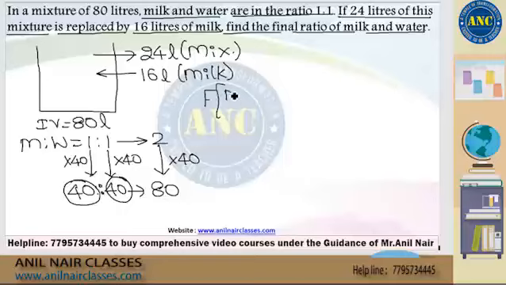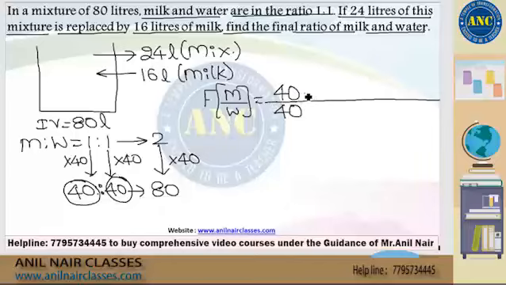Final ratio of milk and water is nothing but initial ratio, 40 divided by 40. Now I am taking out something. How much am I taking out? I am taking out 24 liters. That means the 24 liters of mixture should be taken out in the same ratio of 1:1.